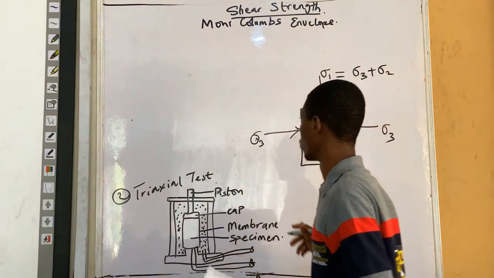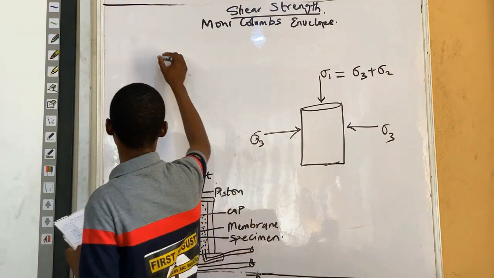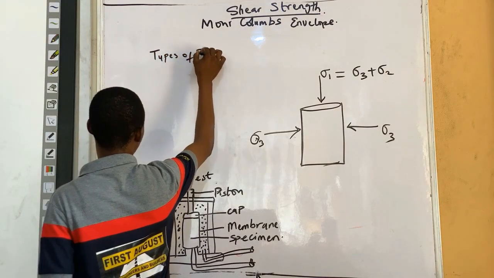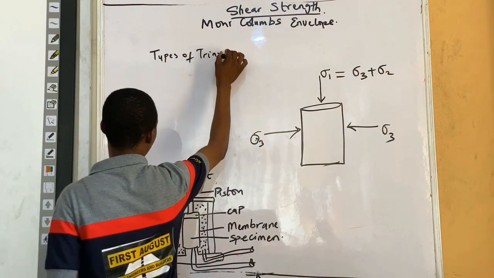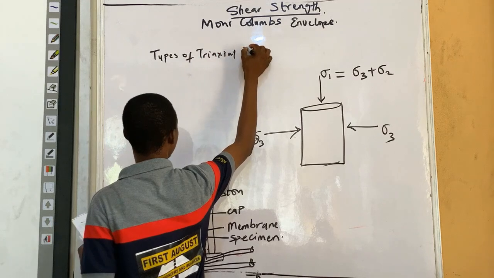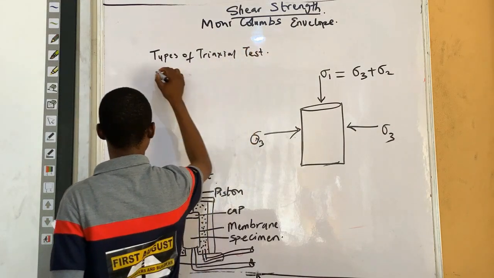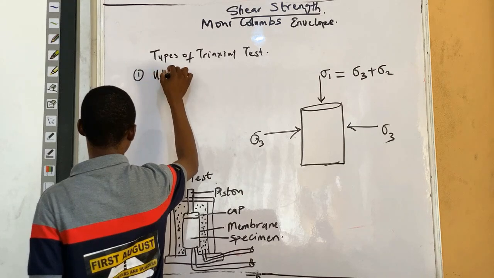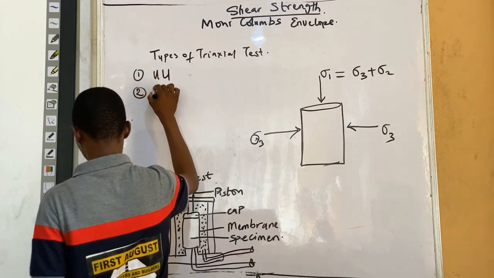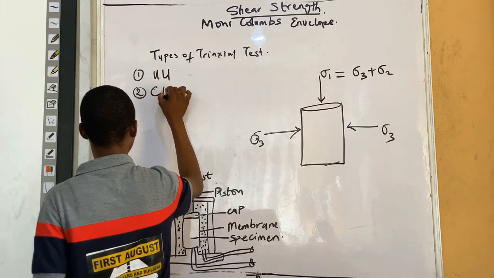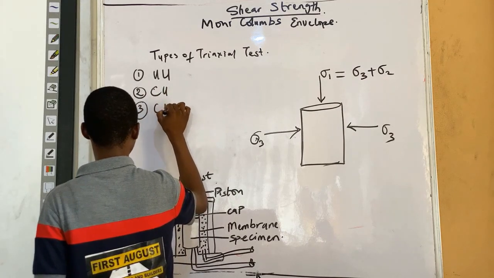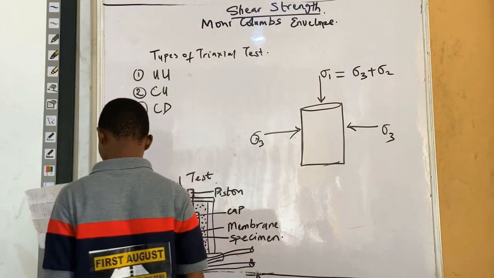This will now lead us to one thing that I always talk about: the types of triaxial tests. The UU, the CU, and the CD.